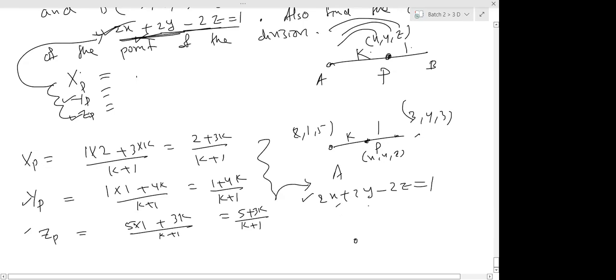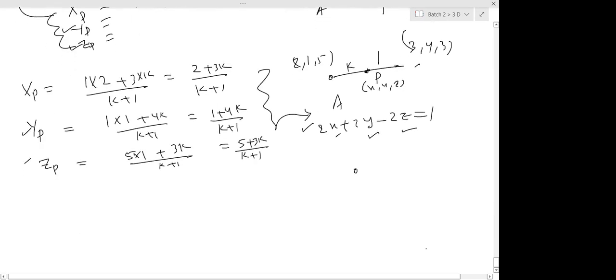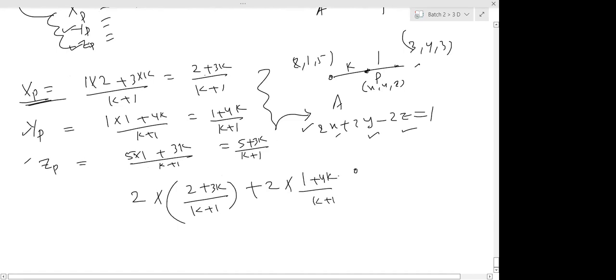Let's put the values of x, y and z in this equation. So this will be 2 into (2 + 3k) upon k + 1, plus 2 into (1 + 4k) upon k + 1, minus 2 into (5 + 3k) upon k + 1, and this equals 1.